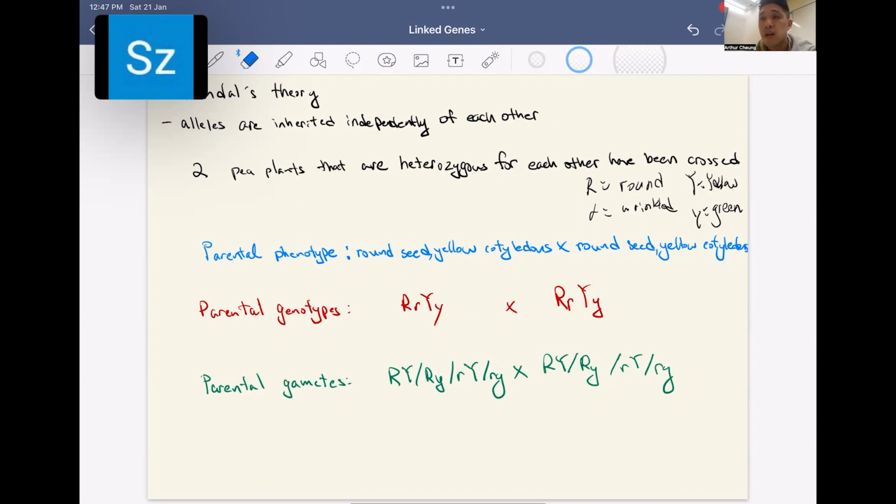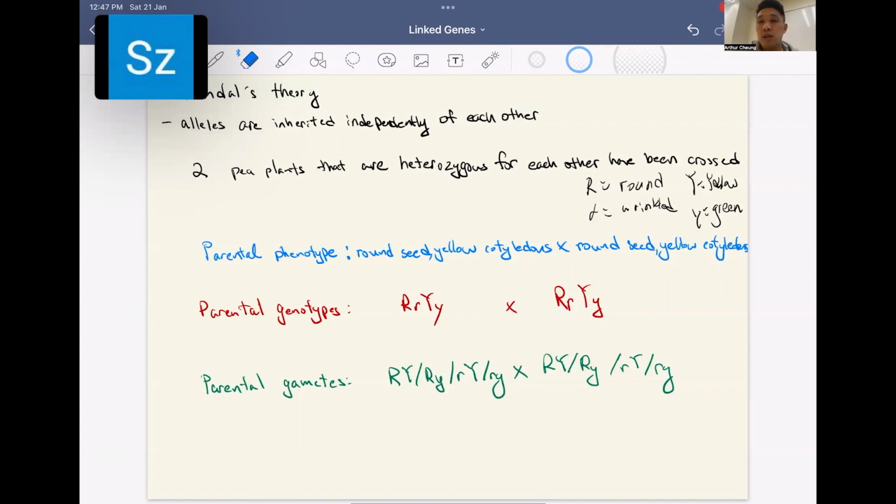Here, the dominant allele for seed shape is round, so we use the letter R, while the small r represents the recessive allele, which is wrinkled seed shape. For the color of the cotyledons, the yellow one is dominant, so we use capital Y, and the recessive allele is green, so we use small y to represent it.